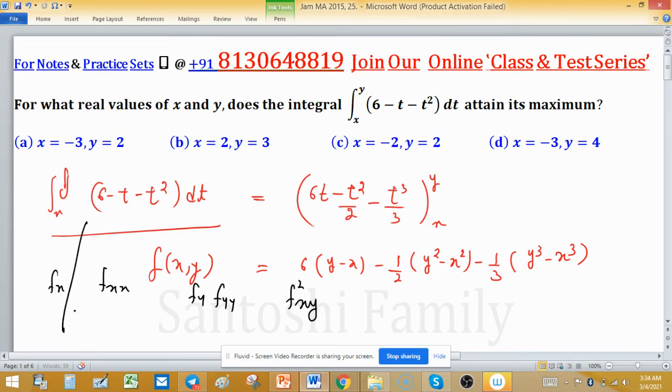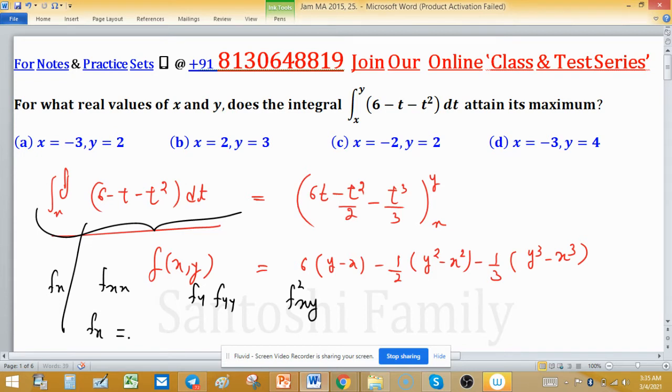Now apply the Leibniz rule here. According to the Leibniz rule, replace t with the upper limit and multiply by its derivative. So the function will come in terms of variable y, but when we calculate the partial derivative with x, that value will be 0.